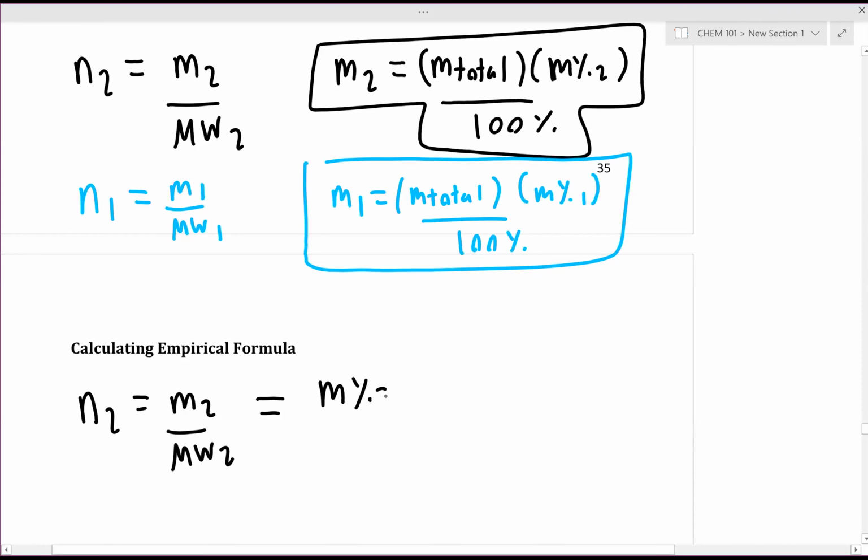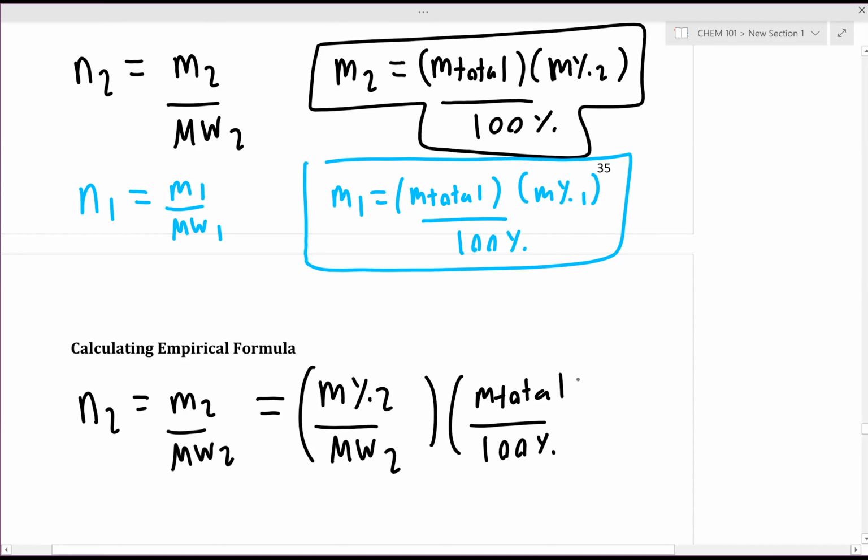So we have the mass percentage of 2 over the molar mass of 2 times the total mass, M total, over 100%. And I'm suggestively leaving this M total over 100% term off to the side. Everyone following so far? We've just plugged in this expression for mass 2 into this equation.